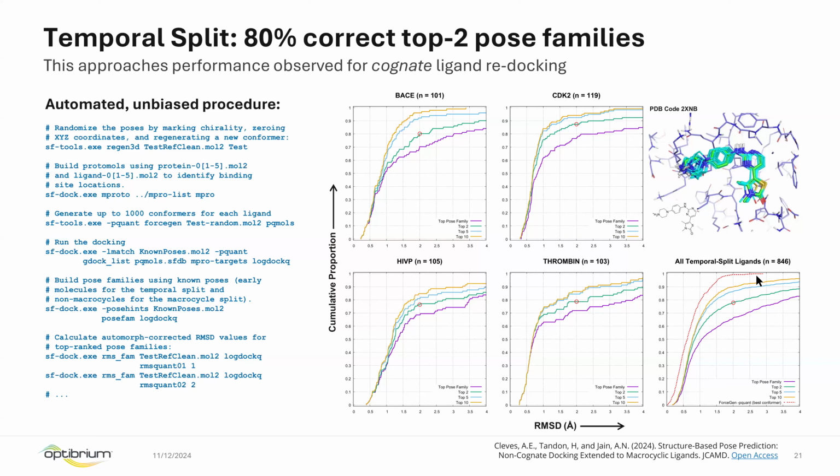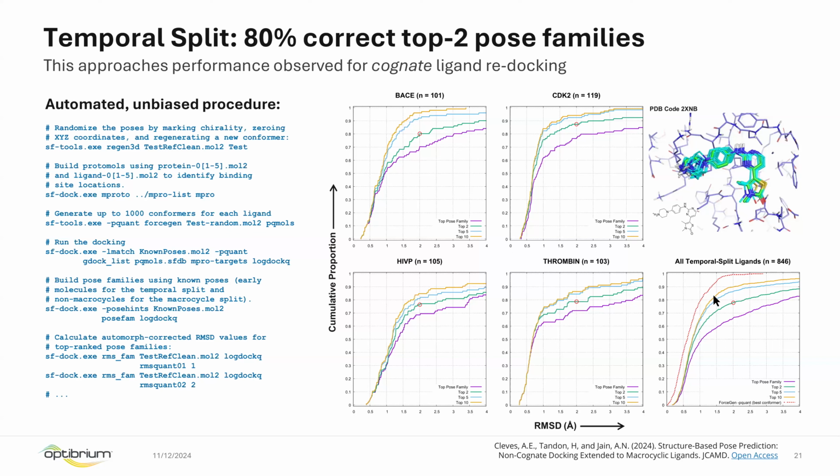One other thing I wanted to point out, I forgot, in the red cumulative histogram here, we're showing the raw success of pure conformer search. So without doing the docking, we're asking whether there exists, for each of the 846 ligands, a conformer that's close to crystallographic.